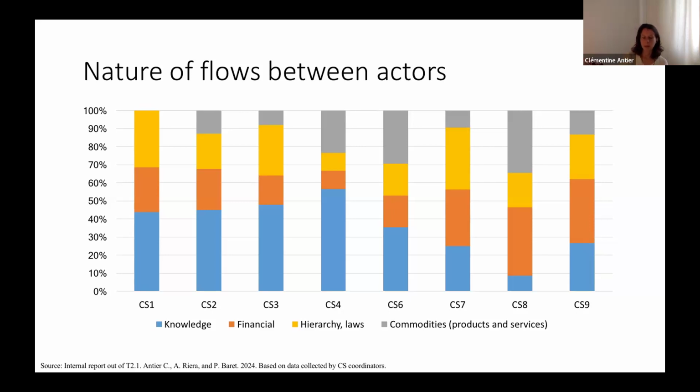But still, it's important to notice that we are talking about agricultural value chains, but the main types of flows are not commodities. So it means that actors are interconnected by other types of flows, and that to think the transition of agricultural and food systems, we must really look at those other flows.